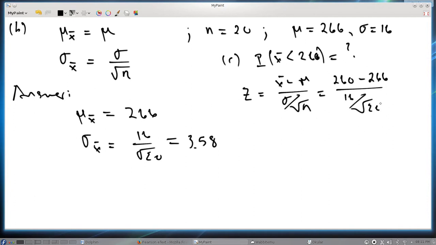And to save some time here, I'll just report the computed answer, the numerical answer for this one. Basically, this number is going to give us a negative 1.6.